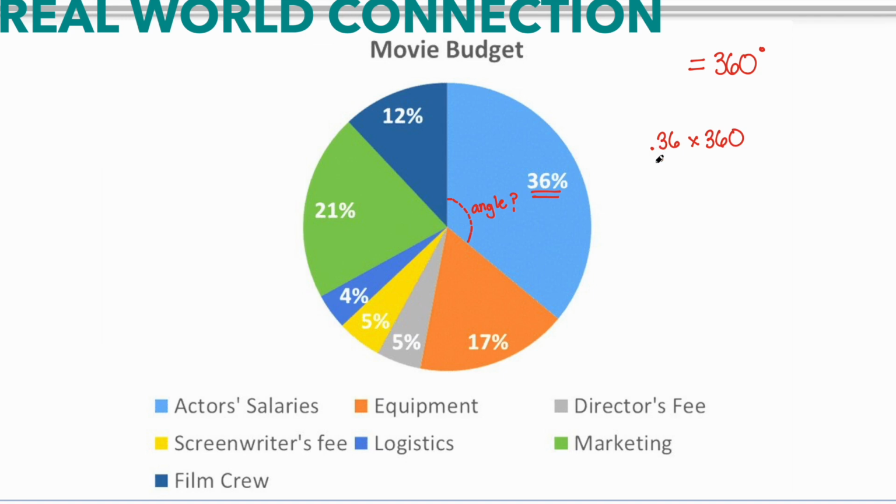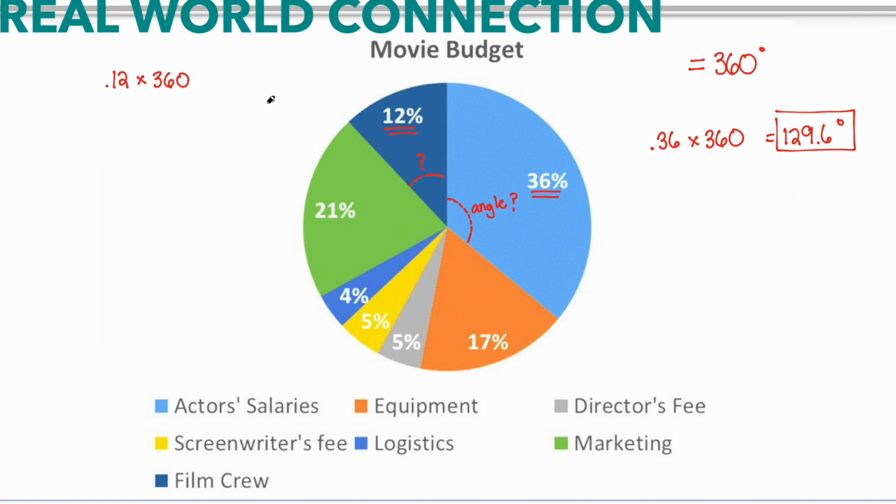If you multiply 0.36 times 360, you will get 129.6 degrees. If I want to know what 12% is, so what this angle measure right here is, then I would do 12% times 360.